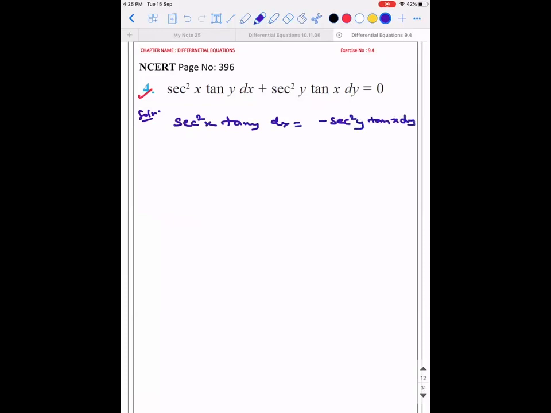Now what we will do is separate the y terms and x terms. So secant square x divided by tan x into dx is equal to minus secant square y divided by tan y into dy. So secant square x by tan x, what are you going to get?